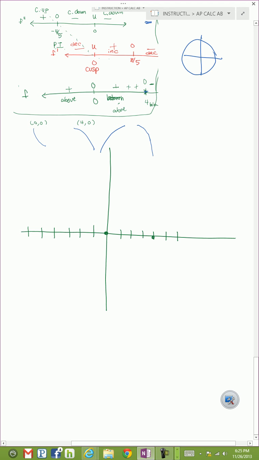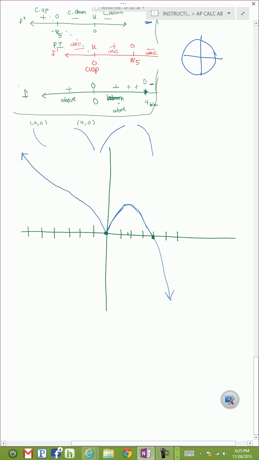So what's easiest is, from here I got to go up. And then I got to decrease at 8/5, which would be about here. So back down. I got to hit the 0 and keep going. Not the prettiest graph. And then I have to make this and then that.